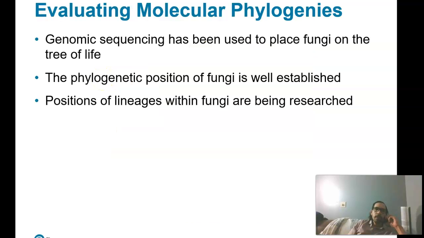Okay. Evaluating the molecular phylogenies, genomic sequencing has been used to place fungi on the tree of life, and the phylogenetic position of fungi is now well established. But the positions of the lineages within fungi are still being researched.